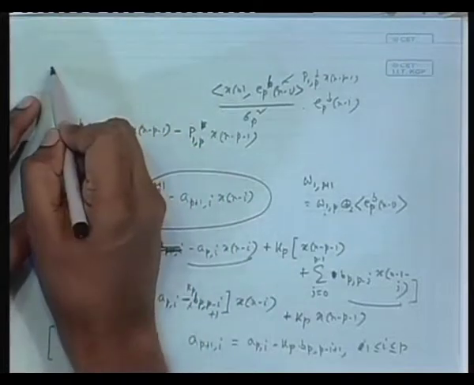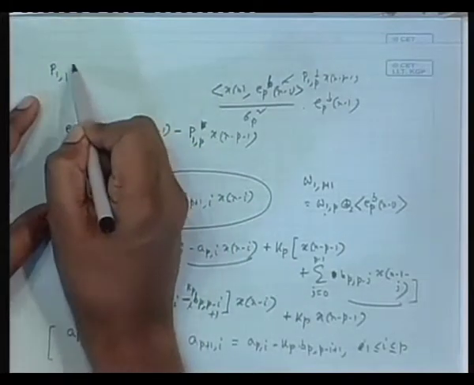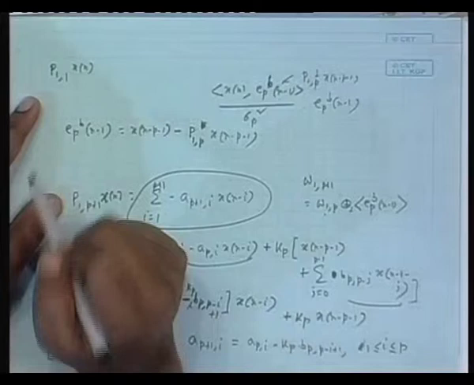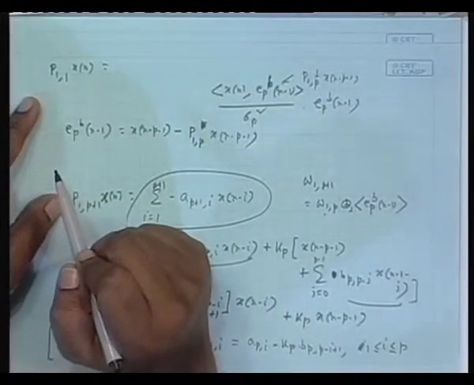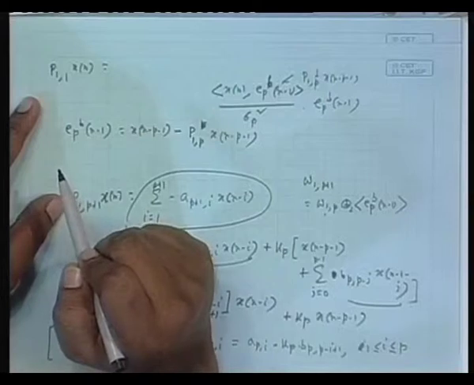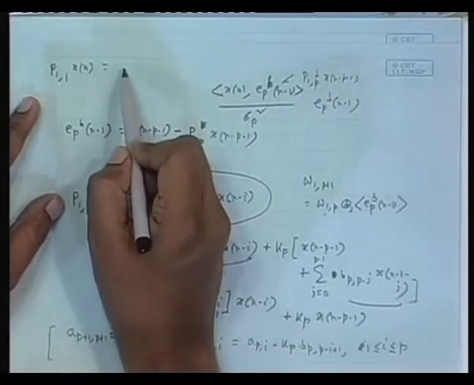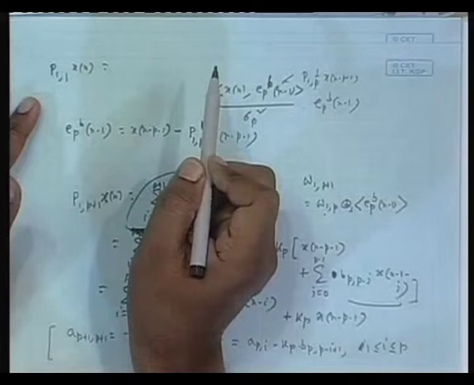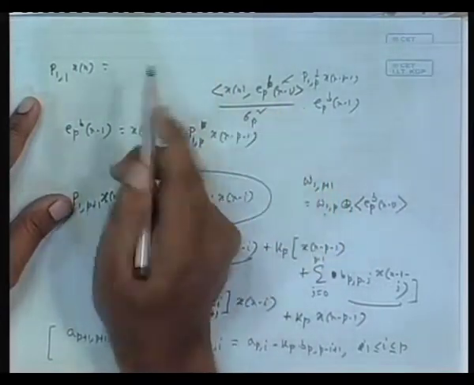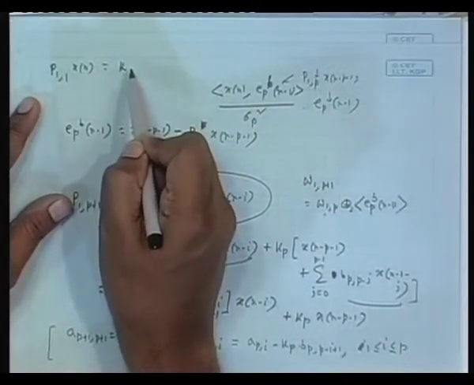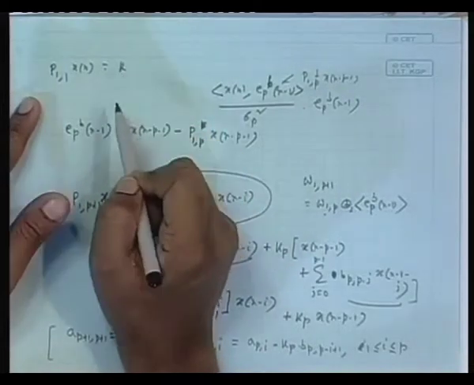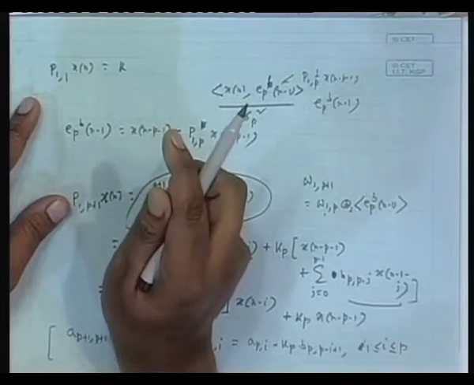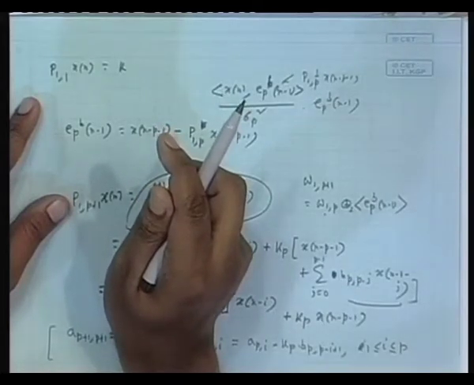Consider p 1 1 x n, just manually instead of this recursive formula. What is p 1 1 x n? It is x n projected on x n minus 1 times x n. So, that gives you k 0, isn't it? X n inner product with x n minus 1 divided by norm square, by my notation that should be k 0.